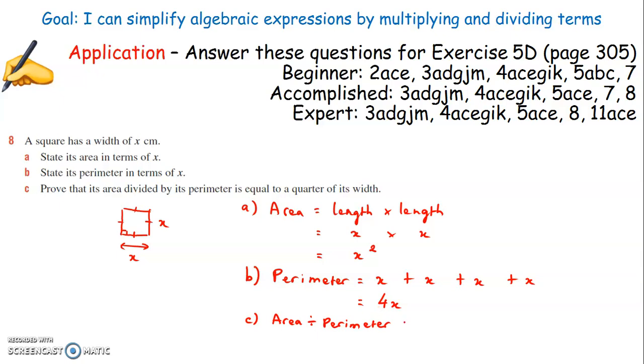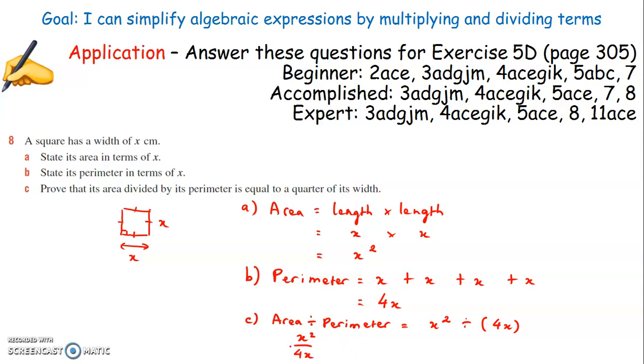Let's do that first. So area is x squared divided by the perimeter, which is 4x. Now, what I'm going to do is first rewrite x squared divided by 4x as a fraction. So x squared over 4x.